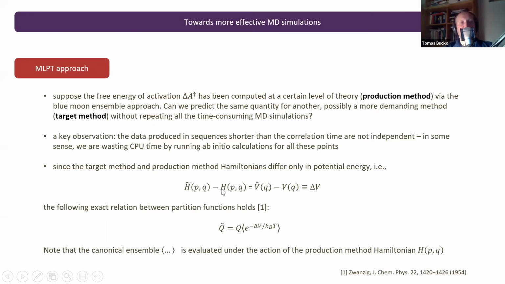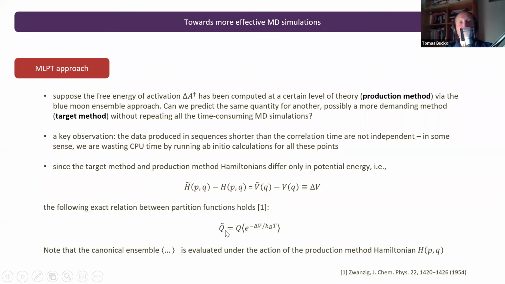Now, since the target method and production method Hamiltonians are supposed to differ only in potential energy, to distinguish target method and production method quantities, I use a tilde for the target method. Okay, and here in this equation, I also define what I mean by delta V, the difference in potentials. Since they differ only in potential energy, it can be shown that the following exact relation between the respective partition functions holds.